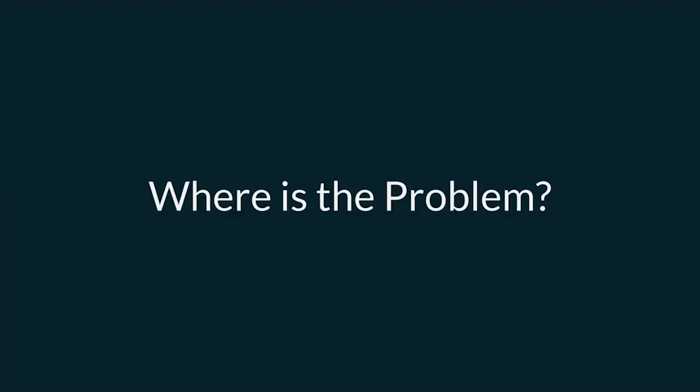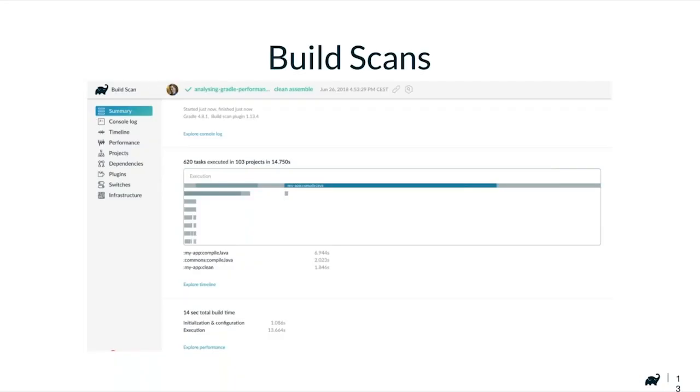All right, so how do I know where the problem is? I've decided on a scenario to fix. How do I find out where that scenario is blocked? There are several tools, but we'll start with the one that is the most user-friendly and the most insightful, I would say, which is build scans. So build scans are a persistent record of what happened in a build, which is shareable. So you can talk about it with your colleagues.